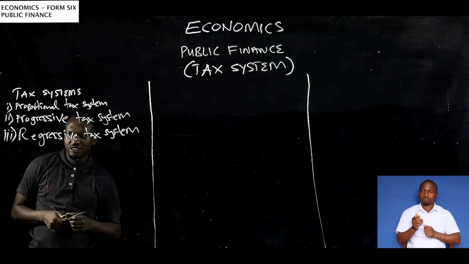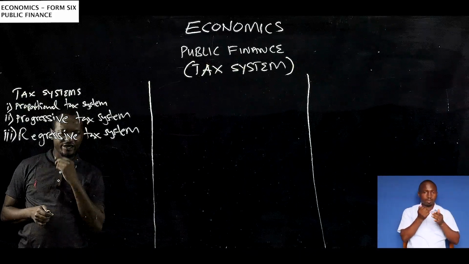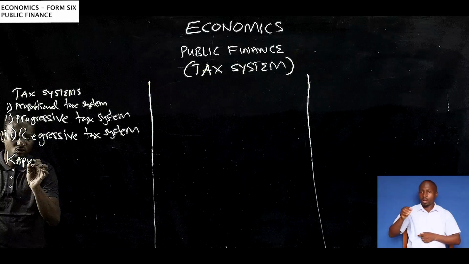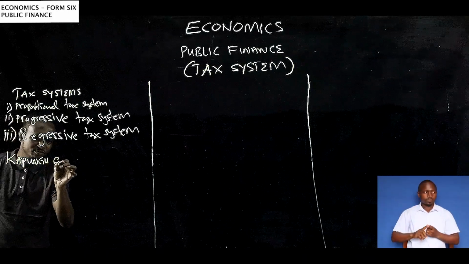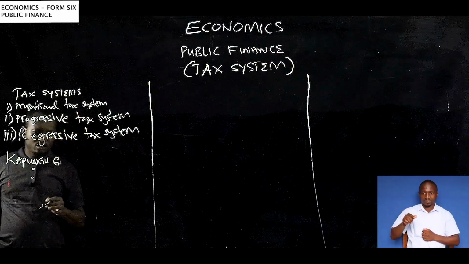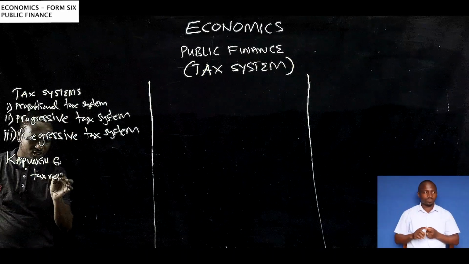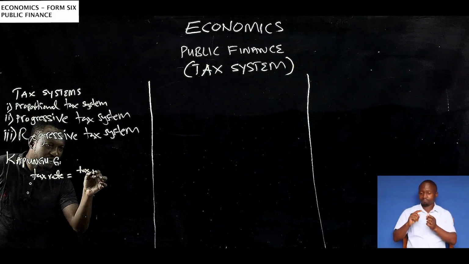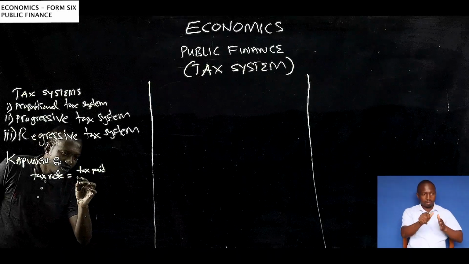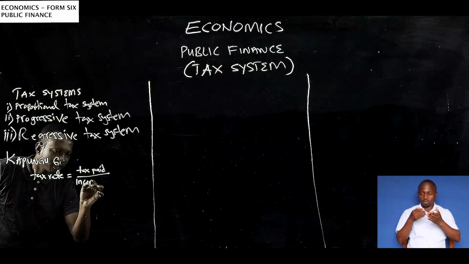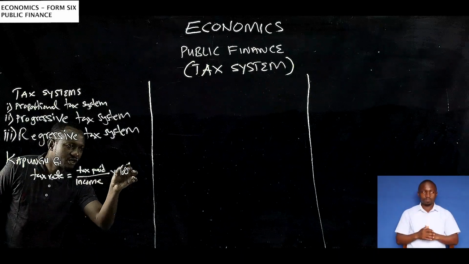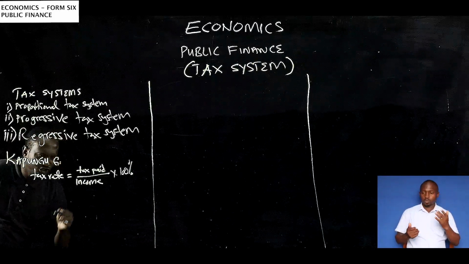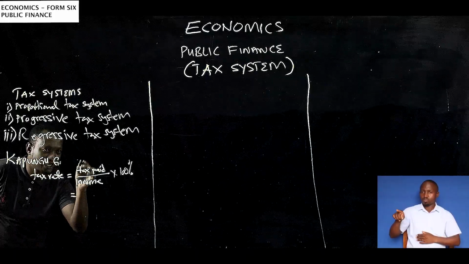Let's start with the tax amount paid at column A. At column A, there is Kapungu G. Tax rate, we have to take tax amount paid over income times 100%.